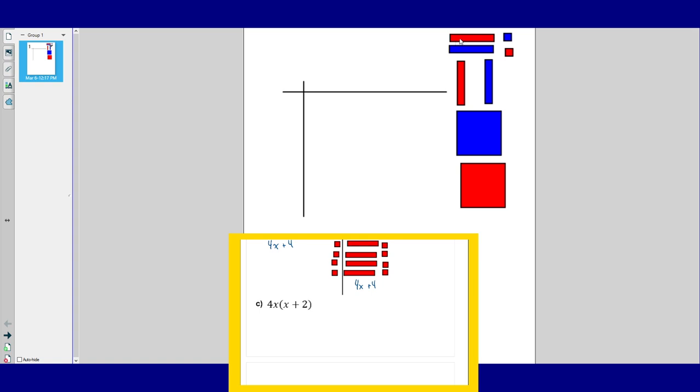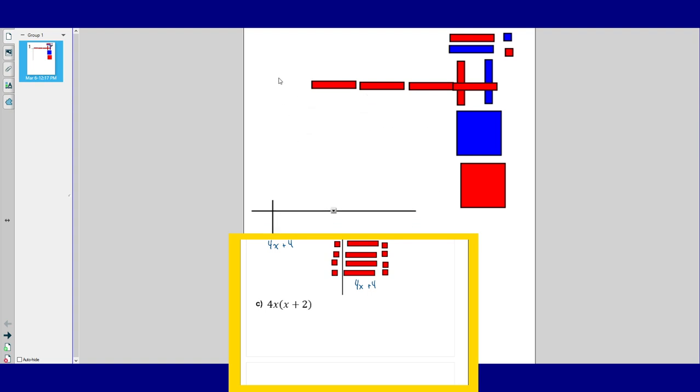So 4x means I have 1, 2, 3, 4. Let's see if we can move this around a bit just to make it a little bit easier. So we have 4x, and on one side we have x and 2.